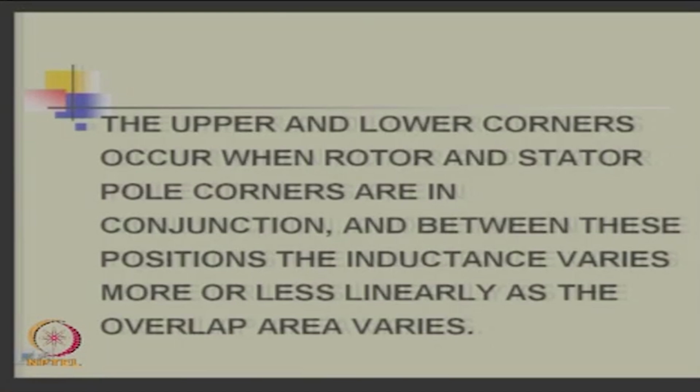The upper and lower corners occur when the rotor and stator pole corners are in line, and between these positions the inductance varies linearly. As the overlap area varies, we assume from minimum value to maximum value it varies linearly.